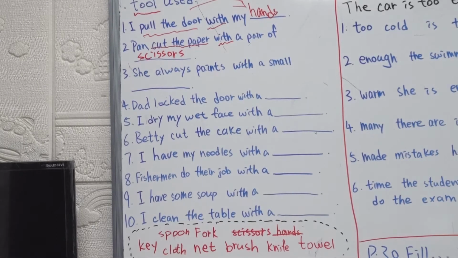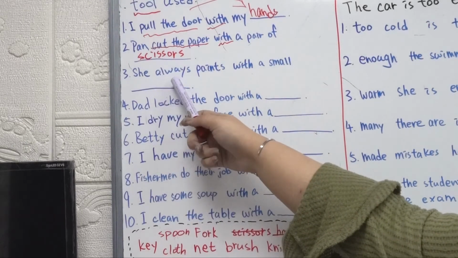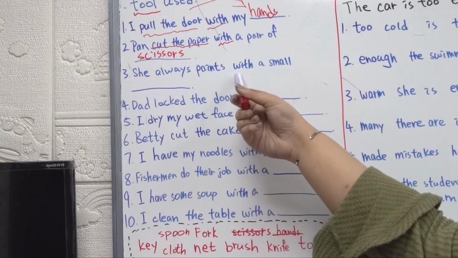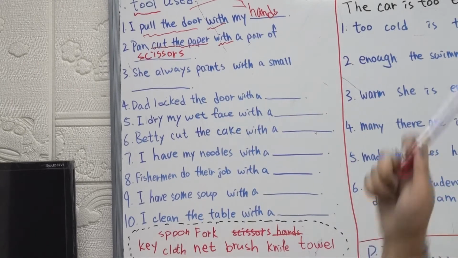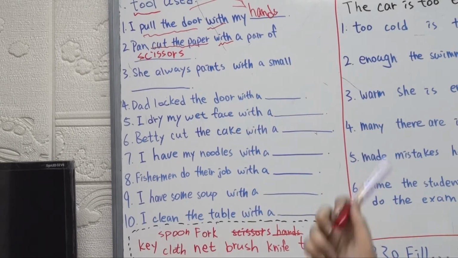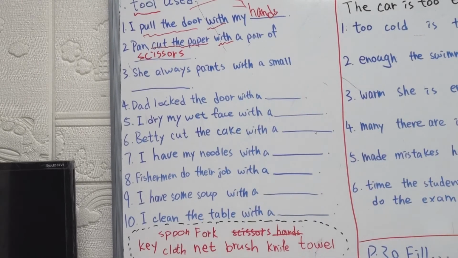Number 3. She always paints with a small knife, with a small spoon, with a small towel, or with a small brush. What is it? Cloth? You can paint with a cloth? Brush. Yes, you can use a paintbrush, right?